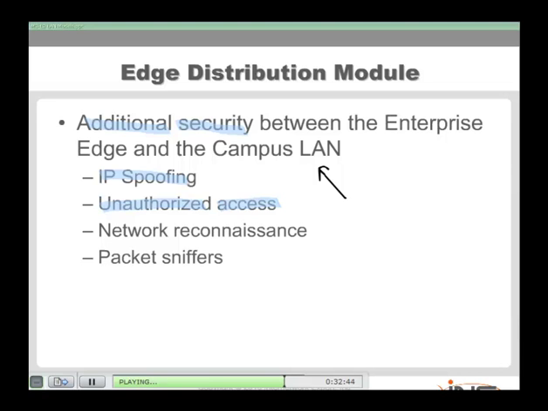Security in the enterprise edge can also guard against network reconnaissance attacks. Here's obviously one of the reasons you would want to turn off CDP in the enterprise edge. You don't want to advertise out to the untrusted world details about your Cisco network infrastructure.